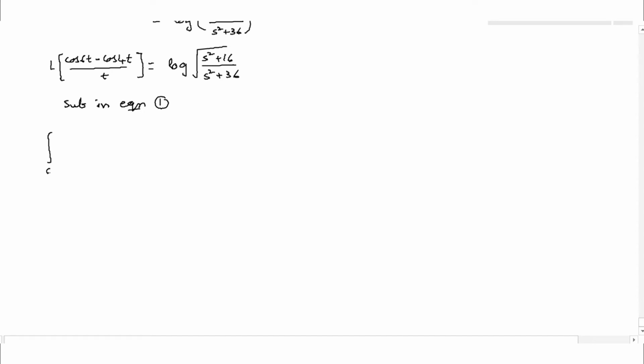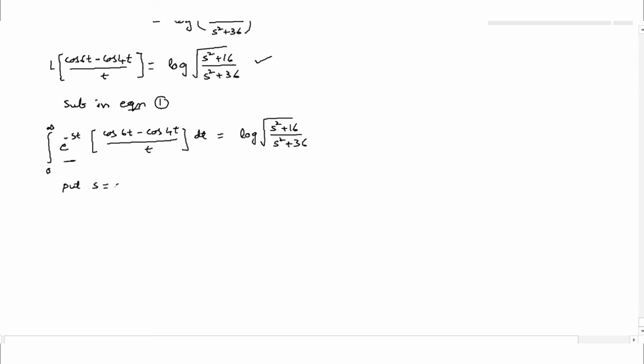Therefore, we have integral 0 to infinity e power of minus st, cos 60 minus cos 40 whole divided by t times dt is equal to, we have already calculated, Laplace transform of cos 60 minus cos 40 divided by t, which is nothing but log of s square plus 16 divided by s square plus 36.